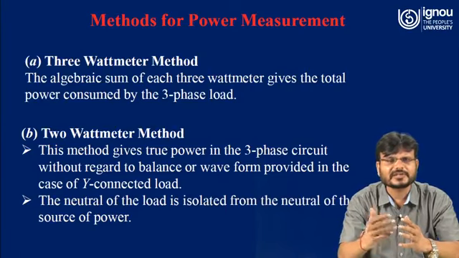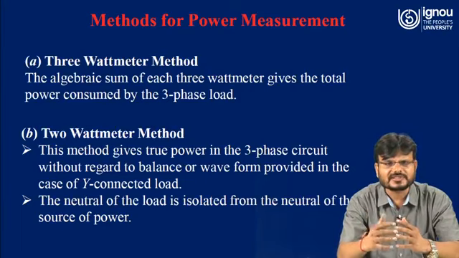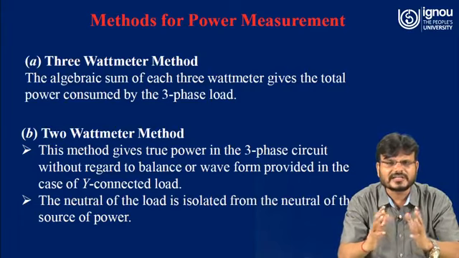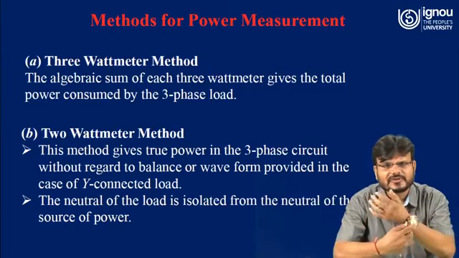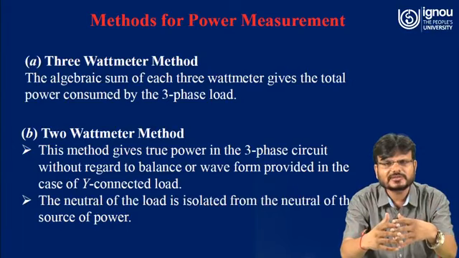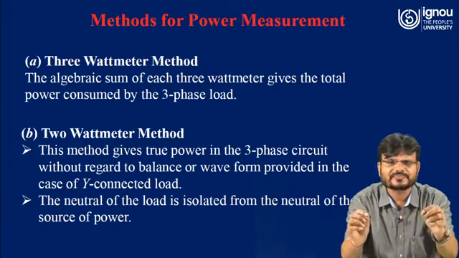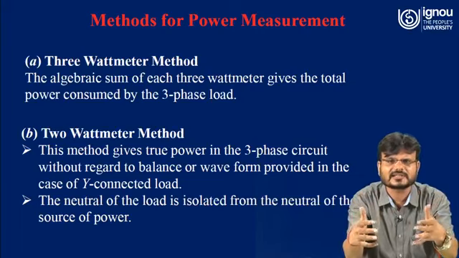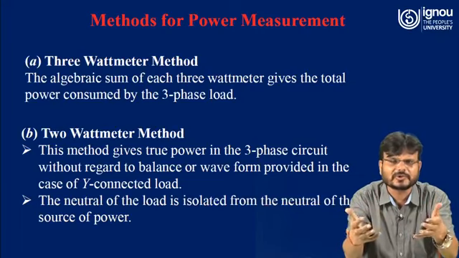So there are different methods by which you can measure the power in a three-phase circuit. The first method is the 3 wattmeter method. In the 3 wattmeter method, the algebraic sum of the 3 wattmeters gives the total power consumed by the three-phase load. Suppose you have a three-phase circuit, you can take the example of the star connection, or the delta connection.